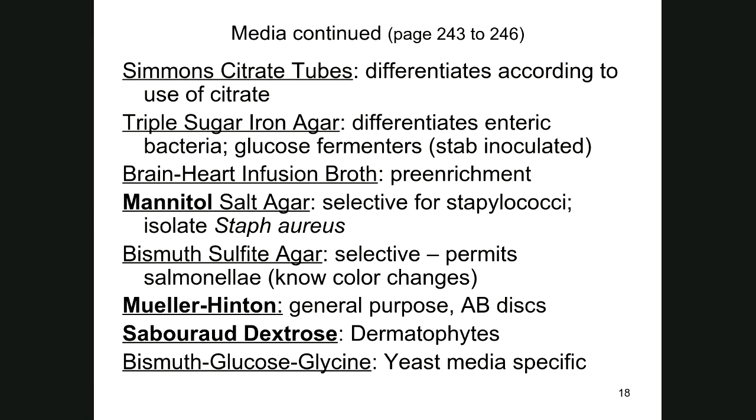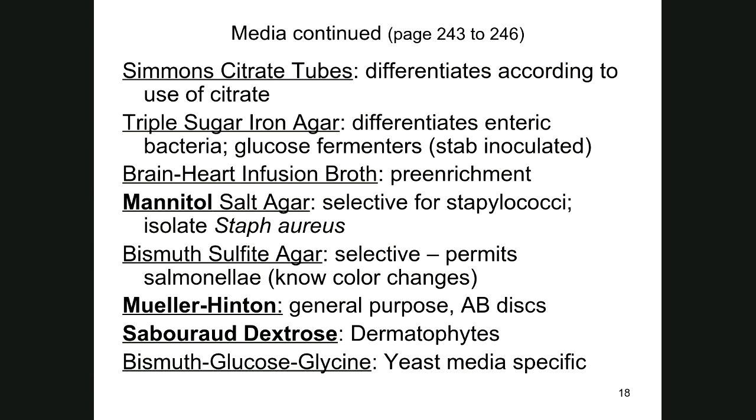mannitol salt agar. Mannitol is selective for Staphylococci, especially it will isolate a Staph aureus. Again, we do not really have that in our lab, but you should probably understand that mannitol is selective for Staphylococci. And then we have bismuth sulfite agar, Mueller-Hinton.